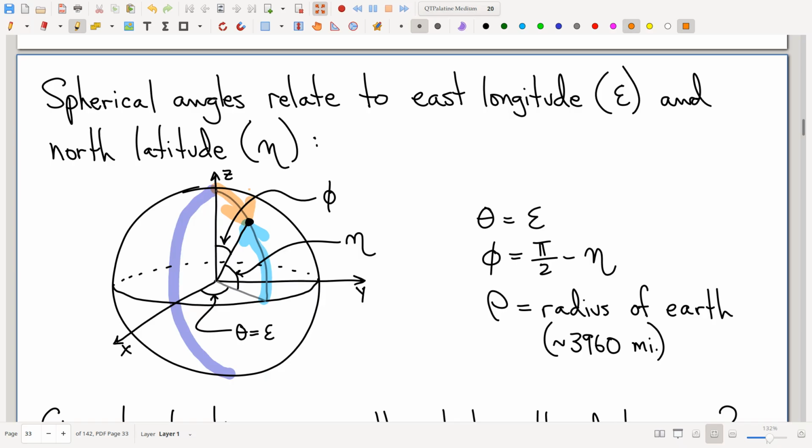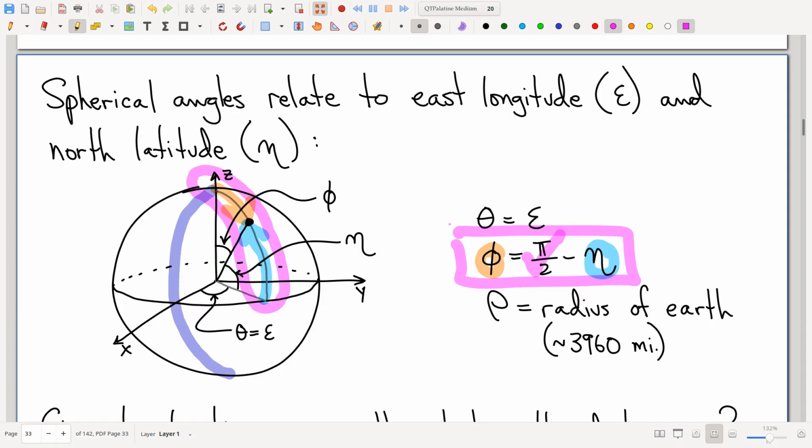So they're not the same, but I think you can see that phi and north latitude always add up to 90 degrees, thus giving you this relationship right here. So they're not the same, but they are closely related. And if you know longitude and latitude, then you're a snap away from knowing phi and theta.